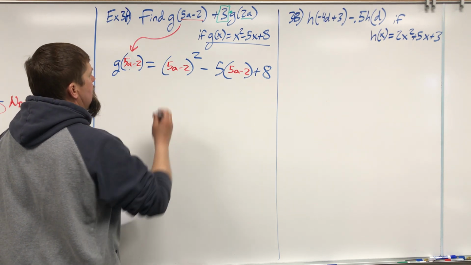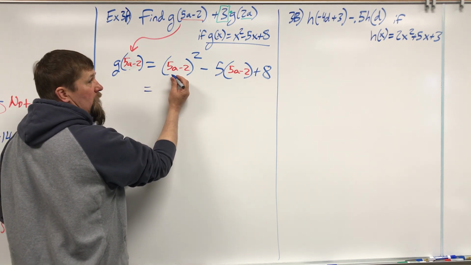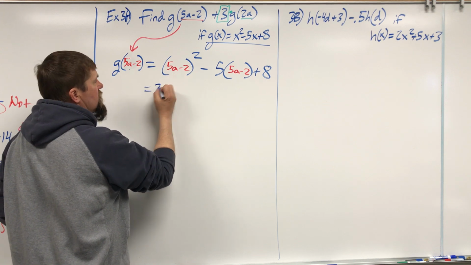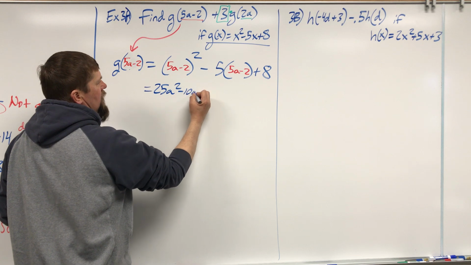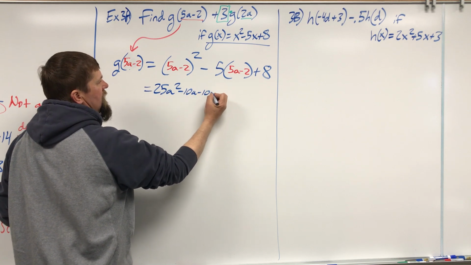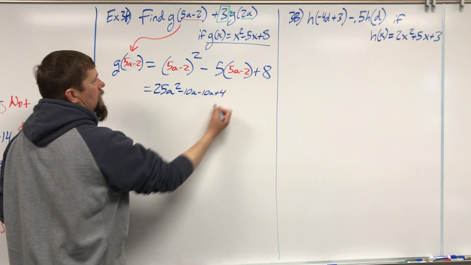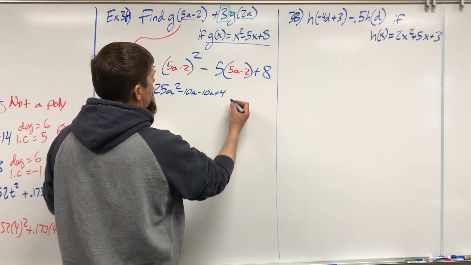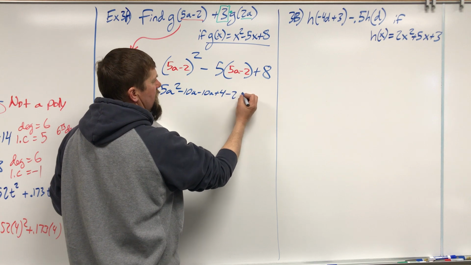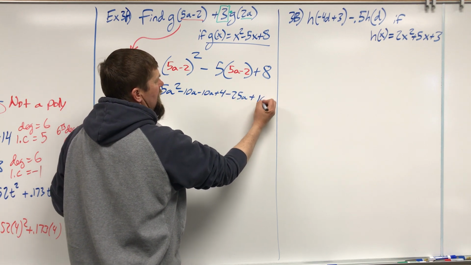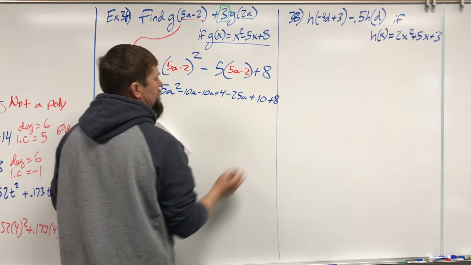If I square a binomial, we have to FOIL it. So 25a squared minus 10a minus 10a plus 4. Distribute this one, I get minus 25a plus 10 plus 8.